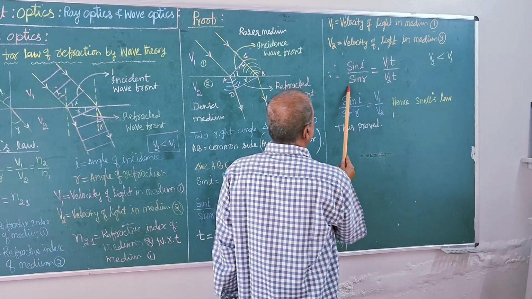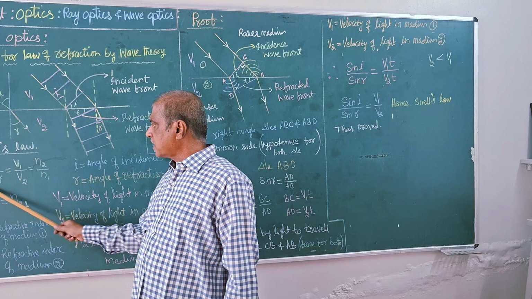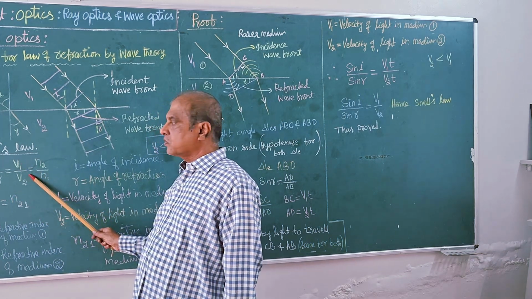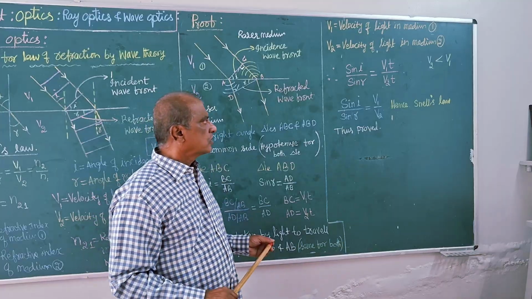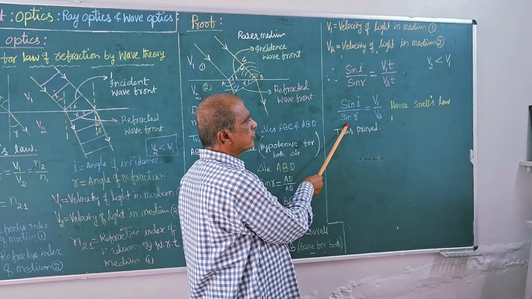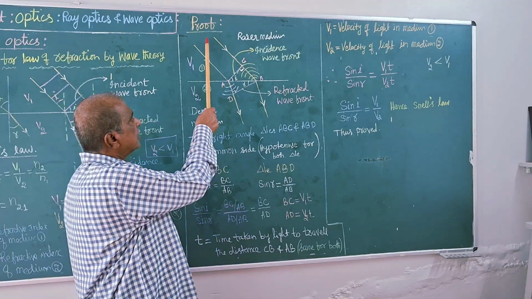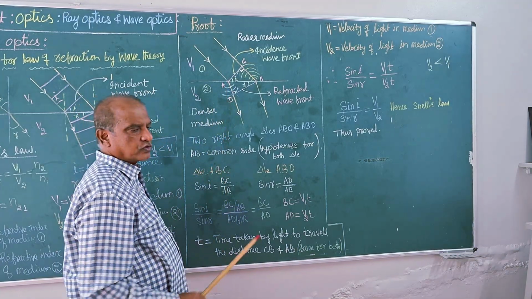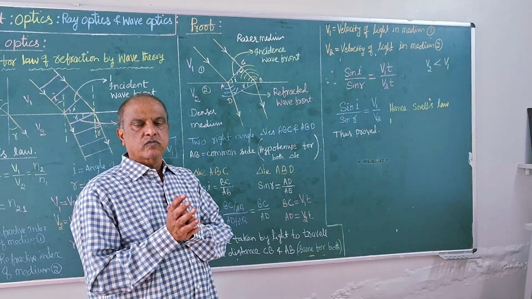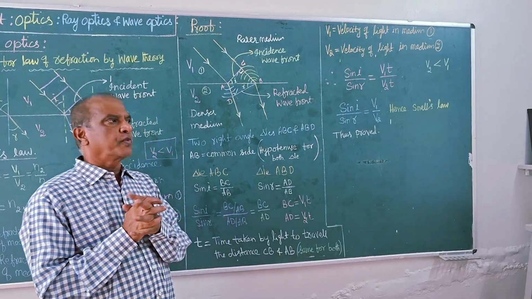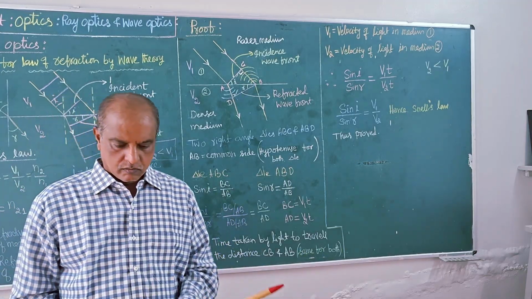Look at this. This equation is the same as this equation: sin i by sin r equals v1 by v2. This is how we can prove Snell's law based on wave theory. That is a proof using wave geometry. We do require knowledge of geometry for the proof. It is true. Thank you.